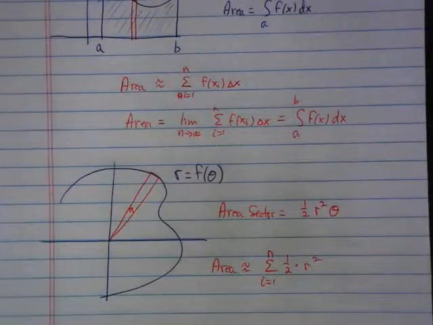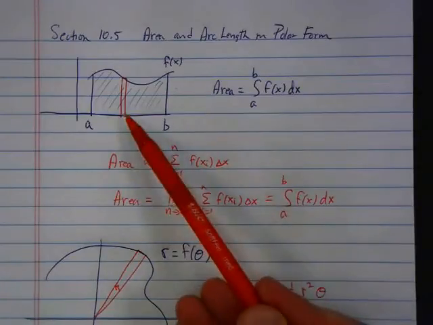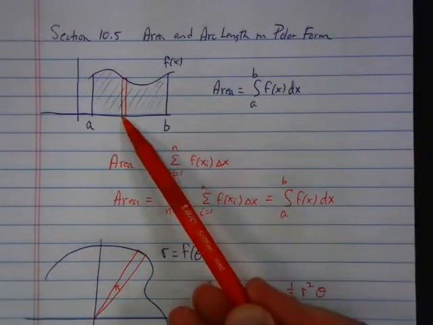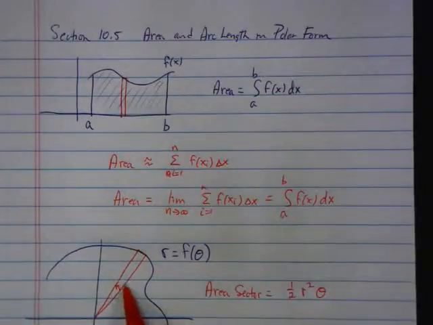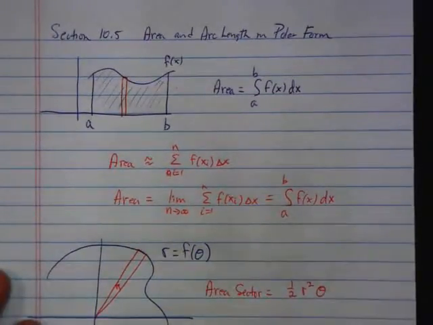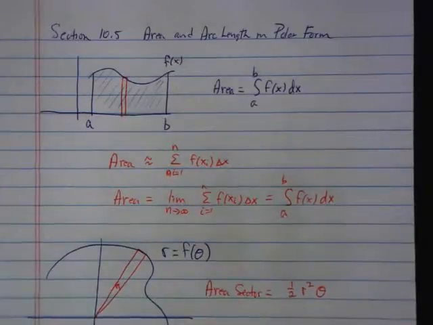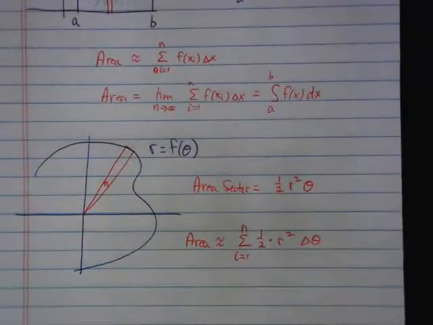If we have a very, very small angle, what are we going to call that angle? Kind of like when we built a really skinny rectangle, what did we call the width? We called it dx for a rectangle. When we're building a teeny tiny little sector, it's going to be delta theta. So how are we going to find the exact area?